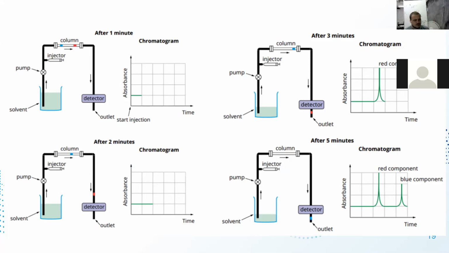So if we're using water, what is the most polar molecule here, the red or the blue? So yeah, exactly. It's like paper chromatography, just slightly different. The red is going to come through faster if it's polar.